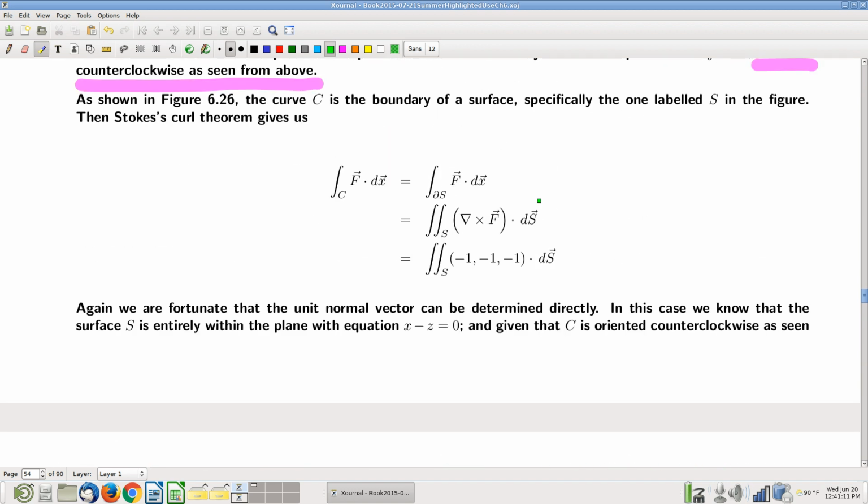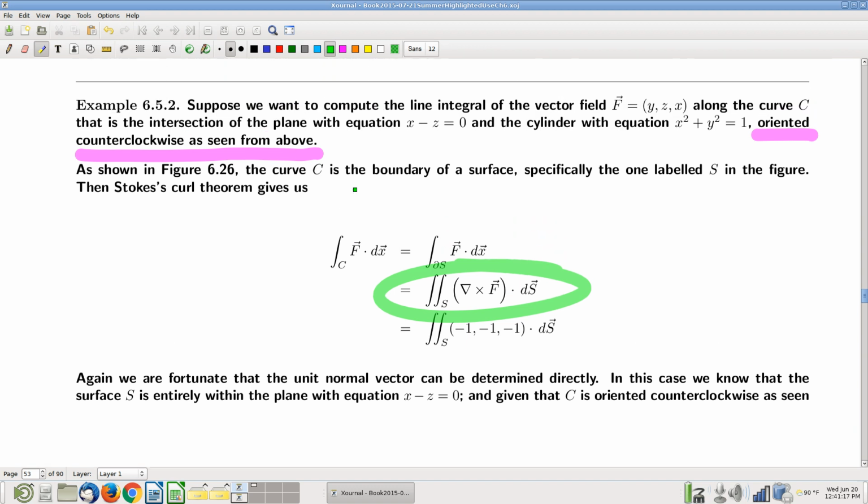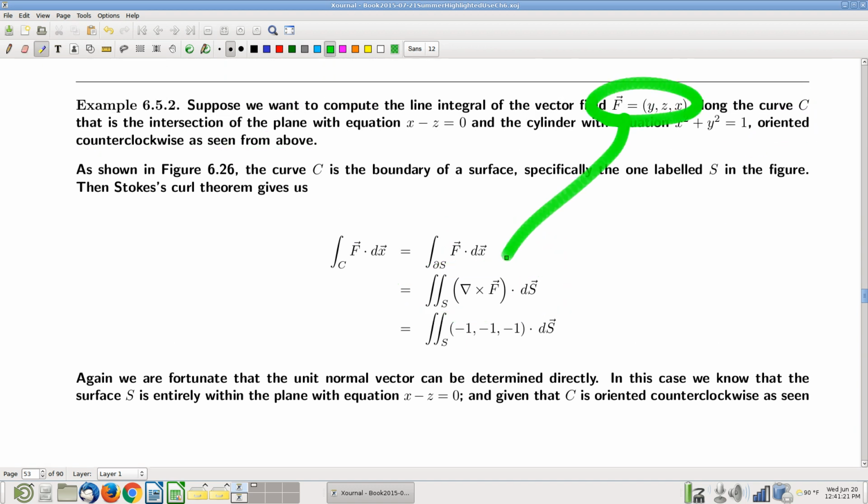That said, we're now computing this flux, and it turns out this flux is really easy to compute. The curl, that's just a straight calculation. You take this vector field, plug it into there. Curl ends up being -1, -1, -1. No big deal, right? Just straight up calculation.